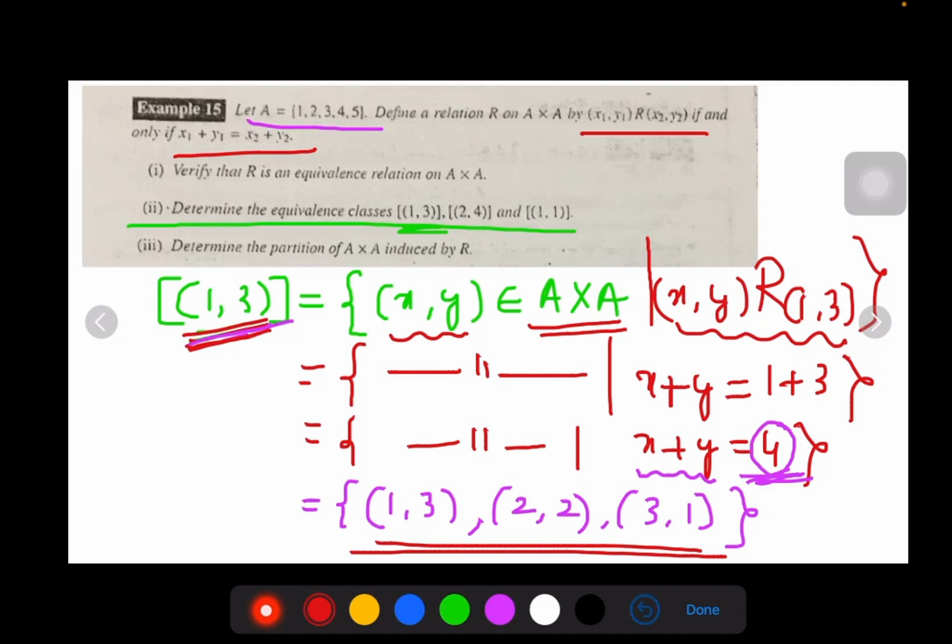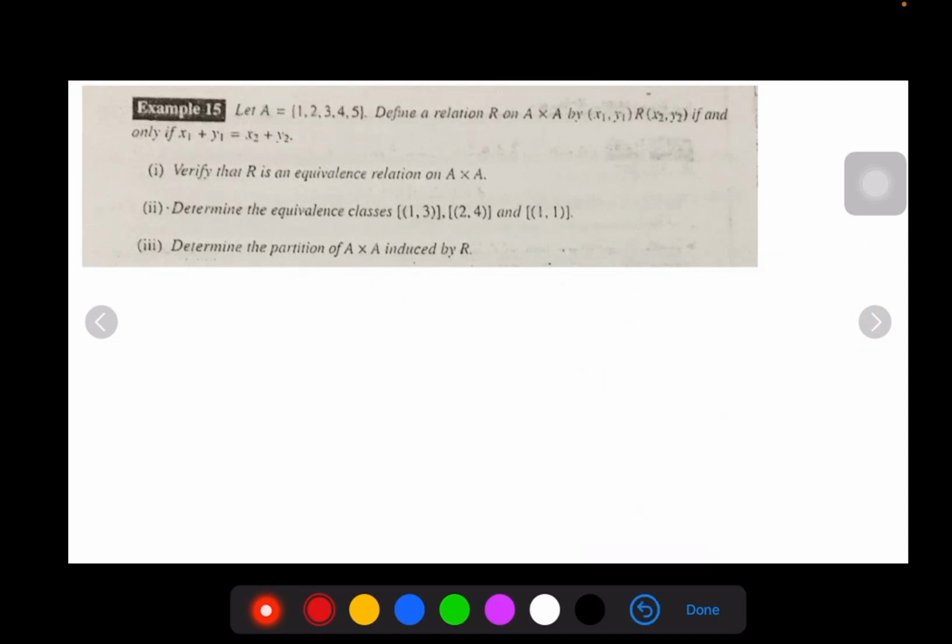In the similar way, you can also find out for other, that is 2, 4. 2, 4 equivalence class. As per the definition, we know that the sum is 6. So what possible combinations of values will give us a 6? We can write it here as elements.